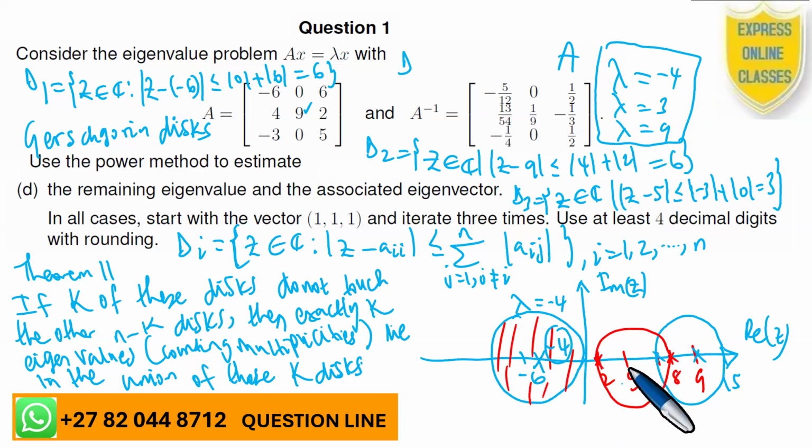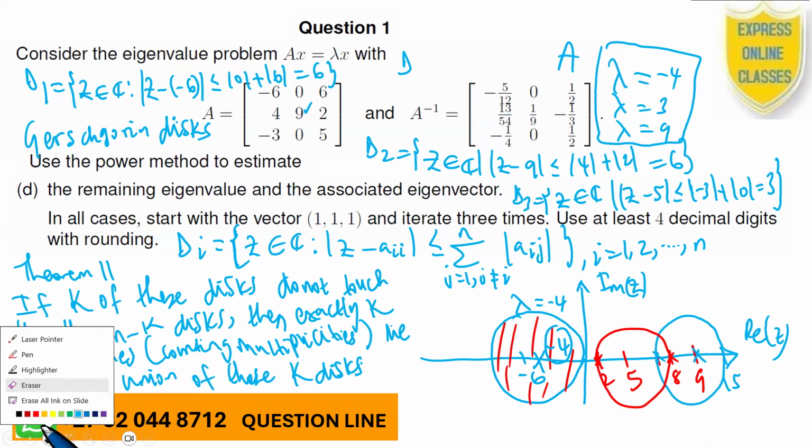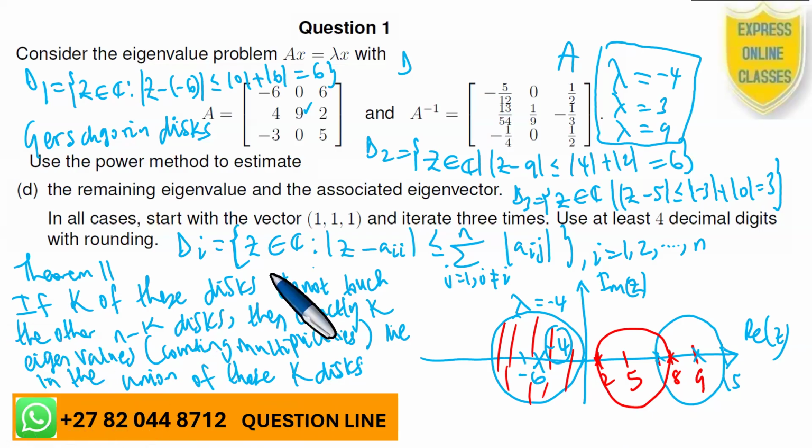Then where exactly is lambda equals 3? We're going to work it out carefully: disk 2 has center 9 and radius 6, so 9 minus 6 gives you 3.